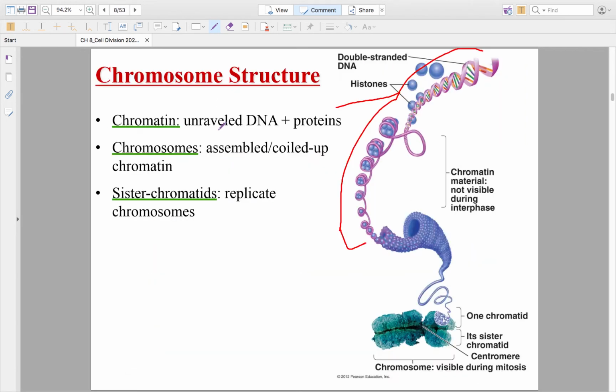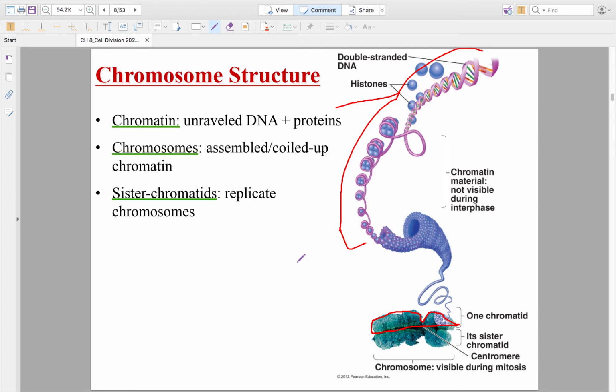So see this here? This is one chromosome. I'm drawing around it. That's one chromosome. Now when cell division is happening, it can't just happen. Remember, with binary fission, what was the first thing that needed to happen?